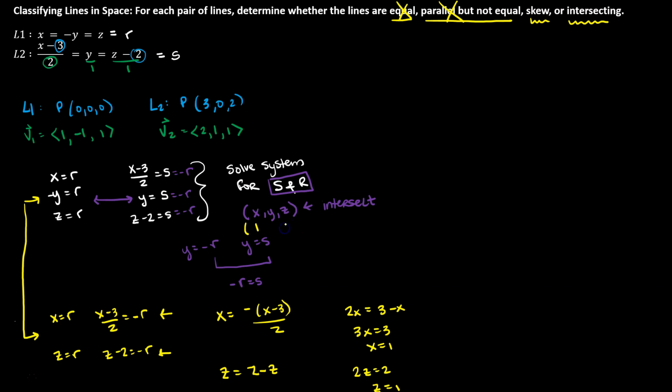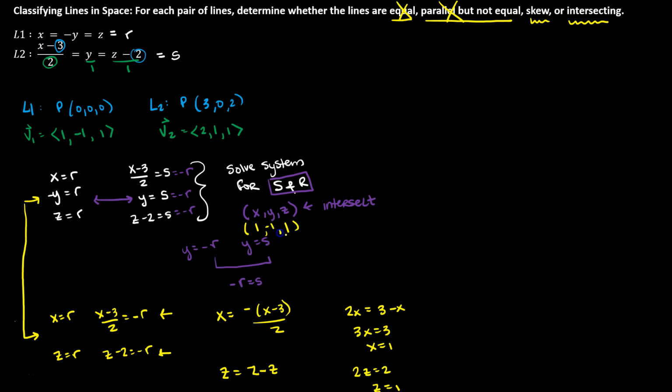So we just found that z had to be equal to 1. Now we just need the y value. So if we know what x is, then we know what r is, because x is equal to r. So if x is 1, r is 1. And we know that y is equal to negative r, so r would have to be 1, and then y would be negative 1.